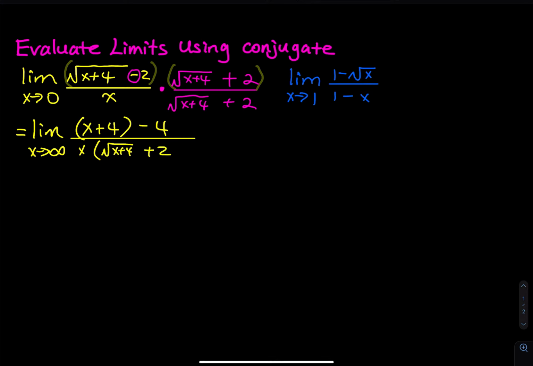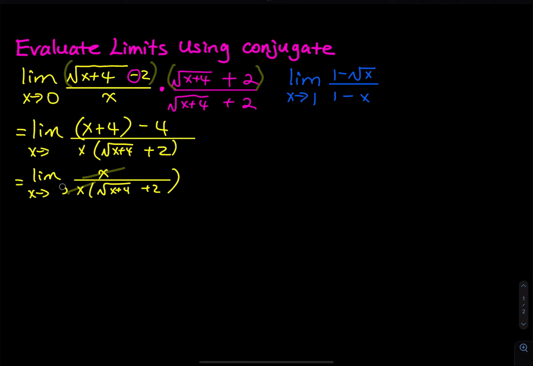So the top, we have x, right? Limit as x approaches infinity, we have x and then divided by x times square root and then plus 2, and then you get rid of the x, right? And now, I wrote infinity. It is supposed to be a 0. Fix that. 0, 0.